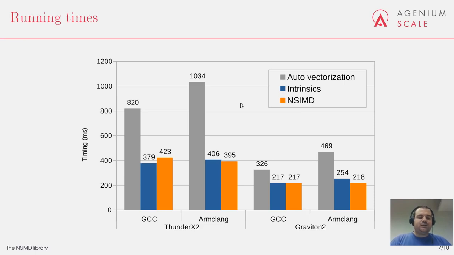As you can see, first, by doing vectorization by hand, we have a speedup of 2 times, which is important. Secondly, using handwritten intrinsics or NSIMD, we have the same running times. But as I told you, this is the same as for GROMACS. We have only one code, which can be compiled to target all the SIMD backends that NSIMD supports.